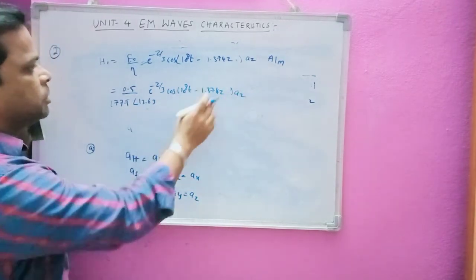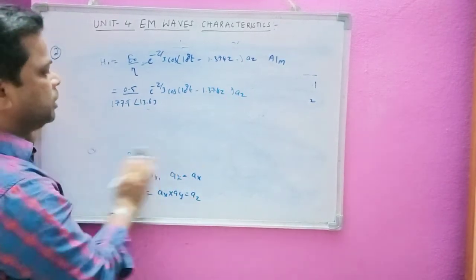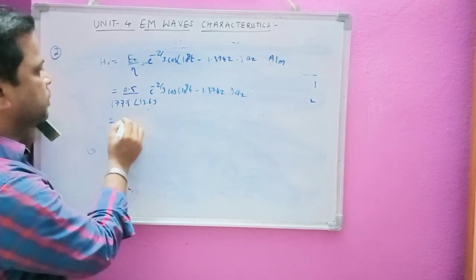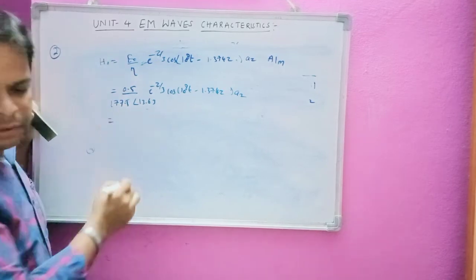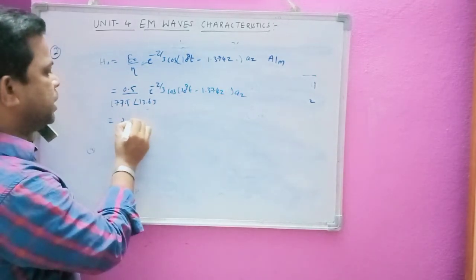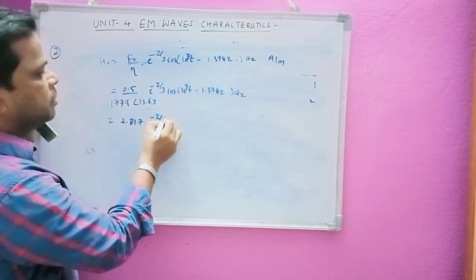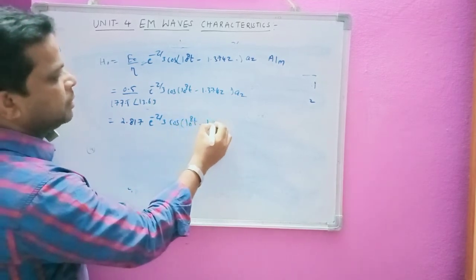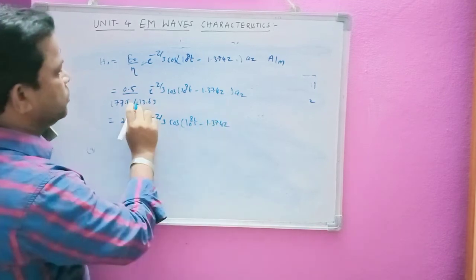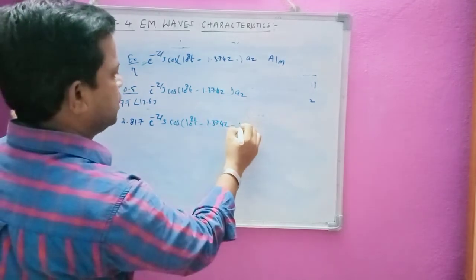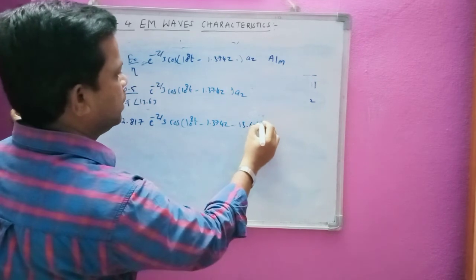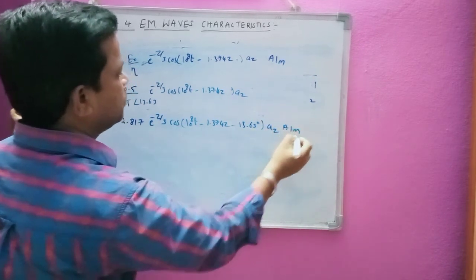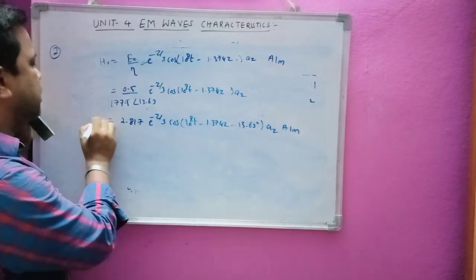It will turn out to be 2.817 e power minus z by 3 cos of 10 power of 8 t minus 1.374 z, and we have to take minus 13.63 angle, into aZ amperes per meter. So this is the final answer for the H.